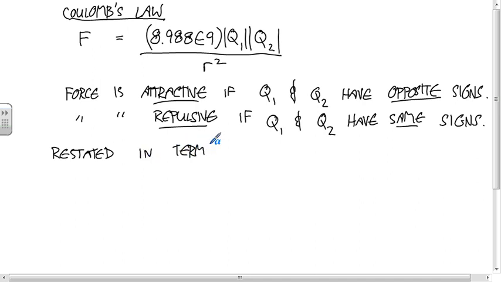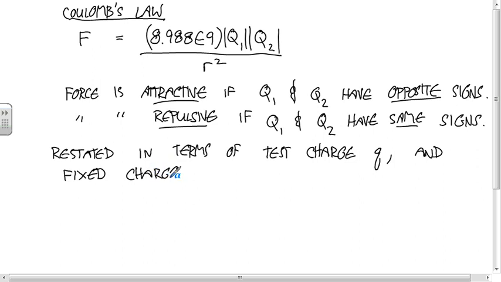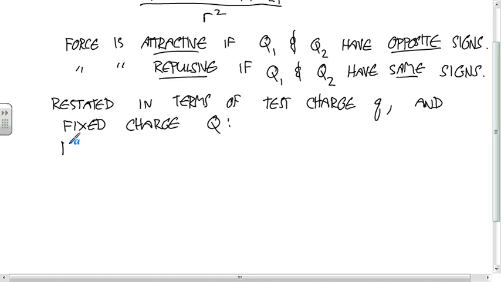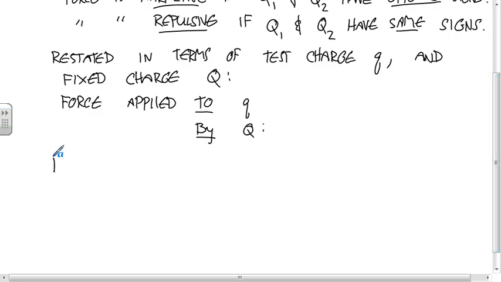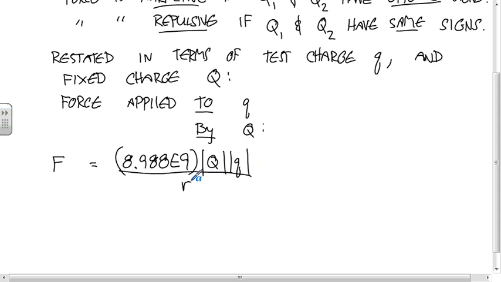Restated in terms of a test charge lowercase q and a fixed charge capital Q, the force applied to the test charge by the fixed charge is F equal to 8.988 times 10 to the 9th times the absolute value of capital Q times the absolute value of lowercase q, divided by r squared.